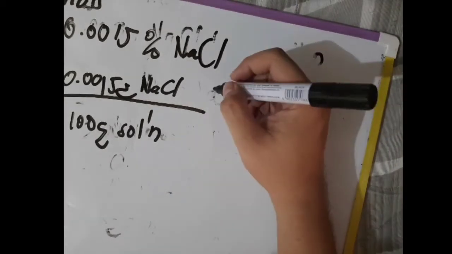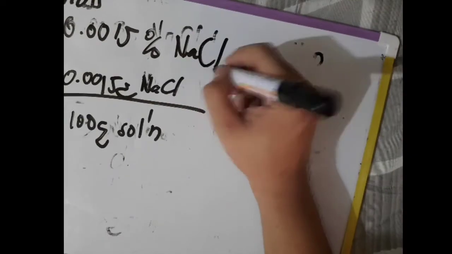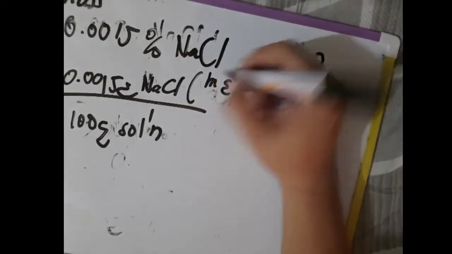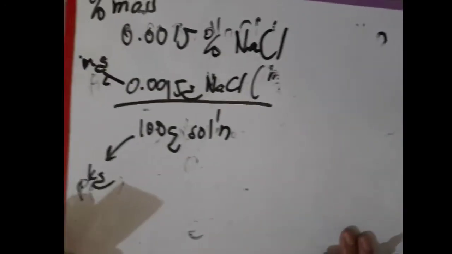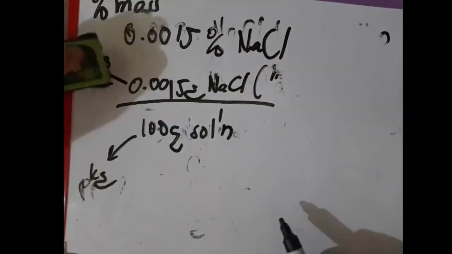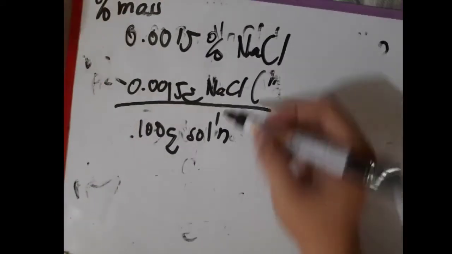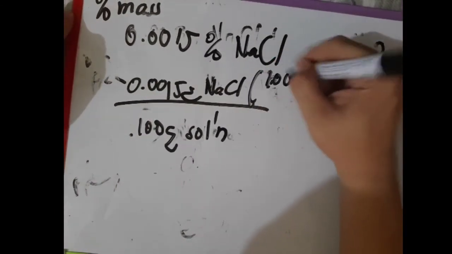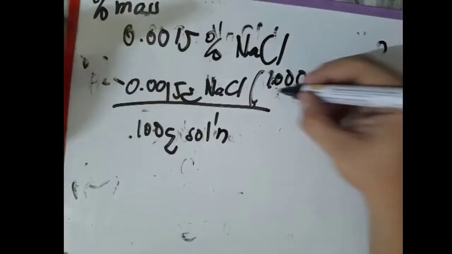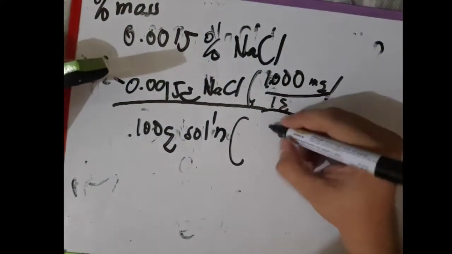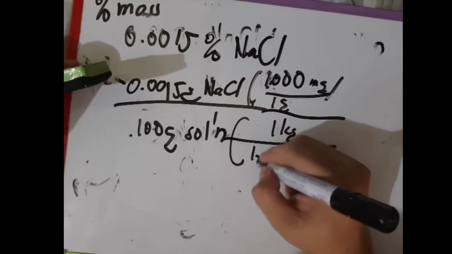So what we do is we convert the solute to milligrams, and we convert the mass of the solution to kilograms. So let's do that. We have 1,000 milligrams for 1 gram, and 1 kilogram contains 1,000 grams.